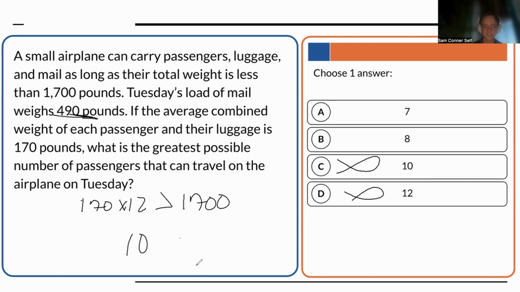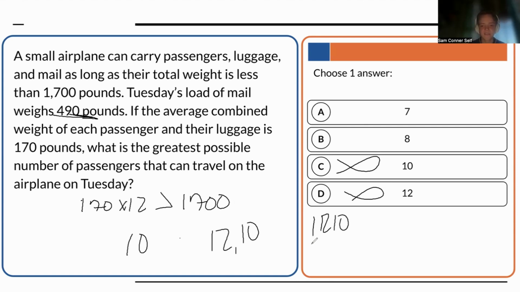And then how you're going to solve this is, essentially, you can solve this using a system of equations. The fastest way is just going to be to do it algebraically. So if the total is 1,700 pounds, you're going to subtract the mail from that to get 1,210 pounds.